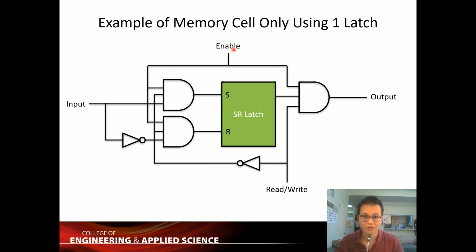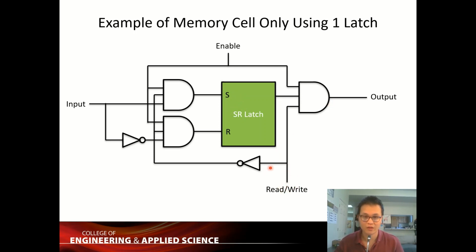If the enable is 0, it turns the whole output into 0. Also, it will turn this AND gate into 0, like nothing going on. But if you turn it to 1, then you enable the AND gate. It accepts the read and write. So if you have a 1 in here, now you enable the output to take the signal out of this SR latch.